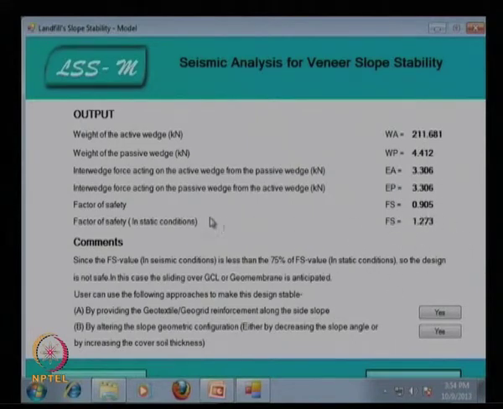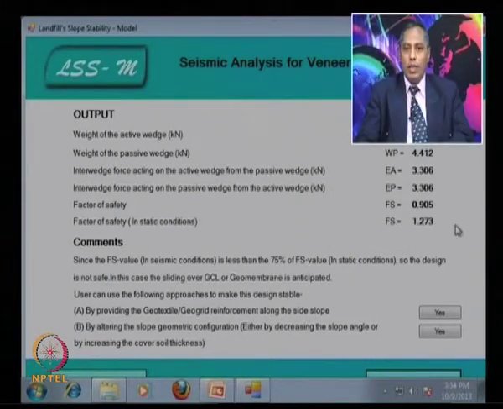So, you will obtain the factor of safety value. Here two cases: one is the factor of safety of 0.905, but the factor of safety in static condition is 1.273. So, the comment: since the factor of safety value in seismic condition is less than 75% of the factor of safety of static condition, the design is not safe, and sliding over the geosynthetic clay liner or the geomembrane is anticipated.